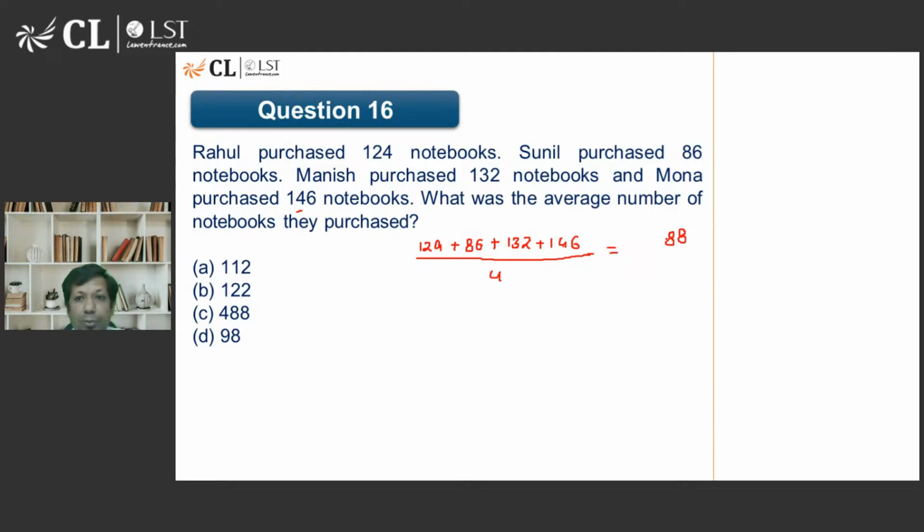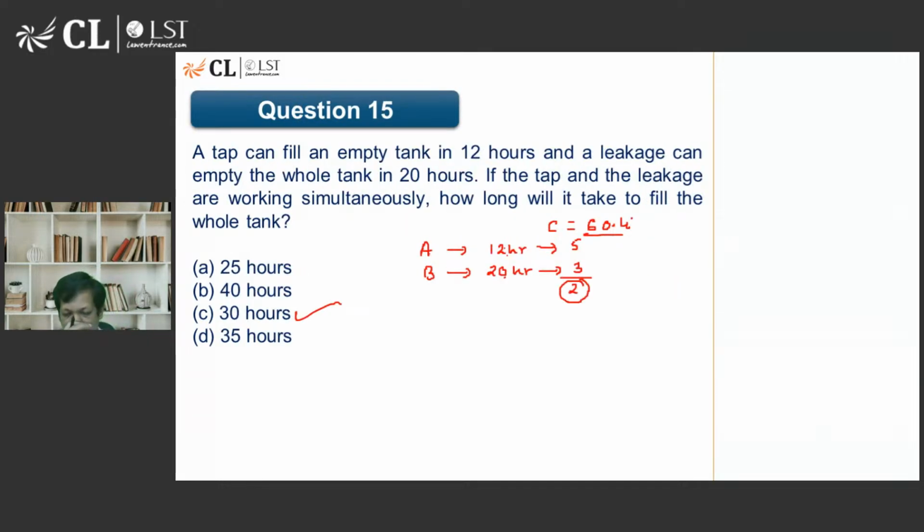Then it is going to be 488 divided by 4. So this 488 divided by 4 directly comes out to be 122, and that's option B. Extremely easy, directly can be done. Okay, Priyanshi, I'll go back to the previous one.